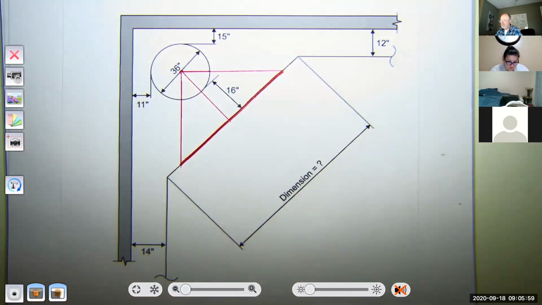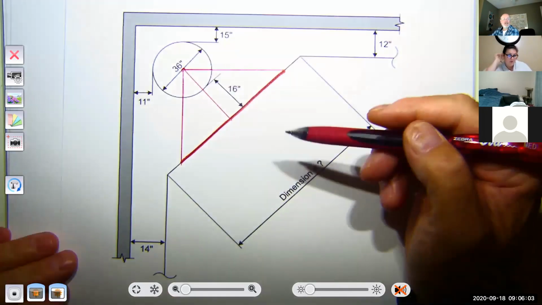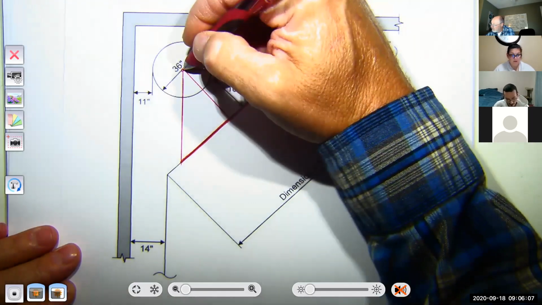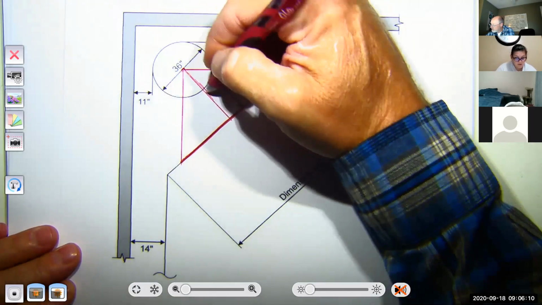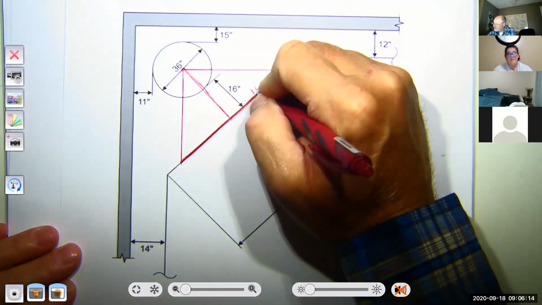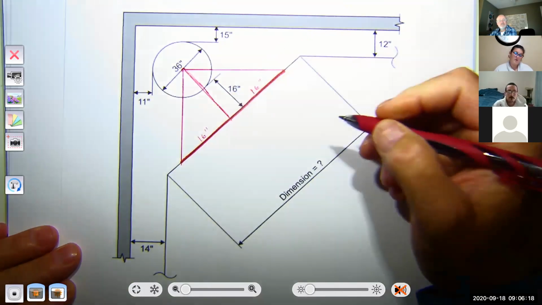Now you can see that I have these two right angle triangles. Now, if this line right here is 16 inches and this line right here is 16 inches, that means this is 16 inches and this is 16 inches.